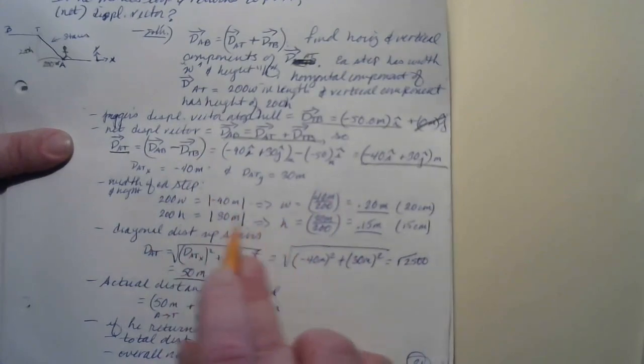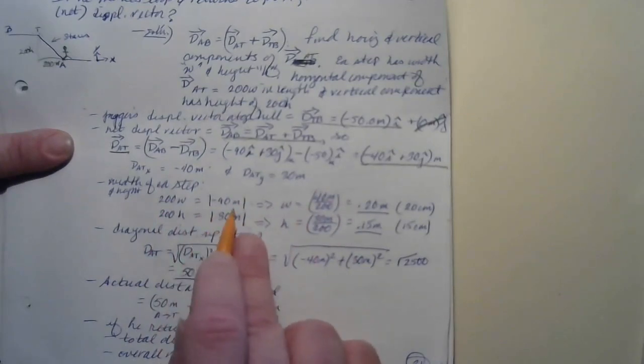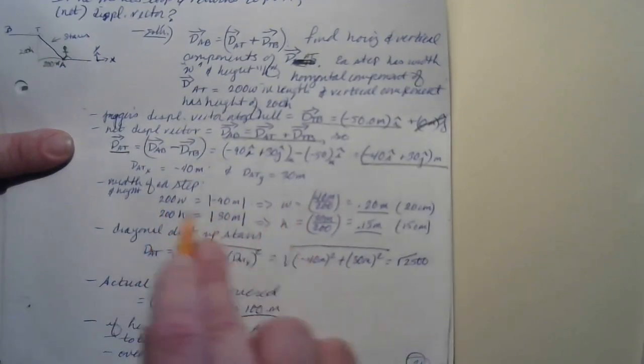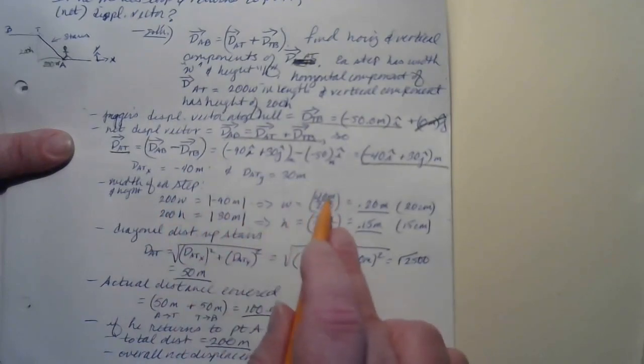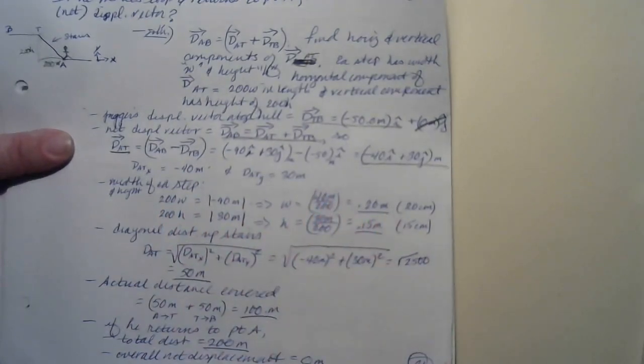And so we take the absolute value of negative 40. 200W equals the absolute value of negative 40 meters. When you solve for W, you take 40 divided by 200, that's 0.20 meters, or 20 centimeters. So each step is 20 centimeters wide.